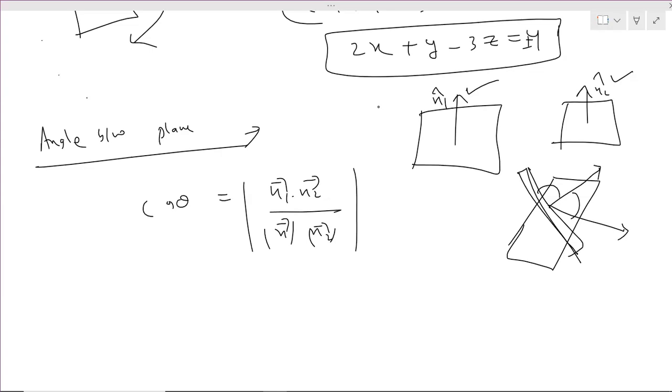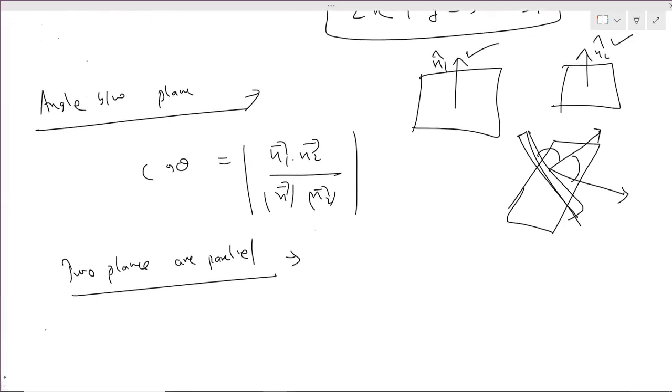All right. If two planes are parallel, who can tell me what will happen? If two planes are parallel, then n1 and n2 are proportional, or I can say n1 equals lambda times n2.